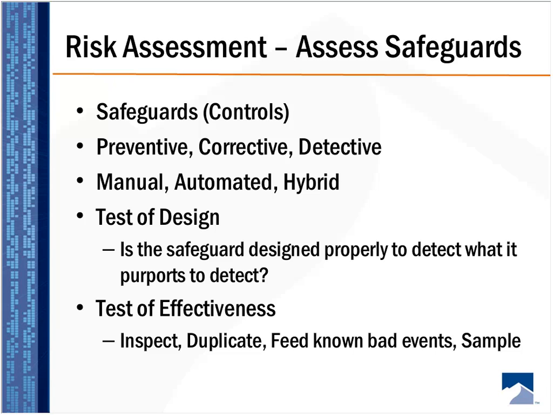If we have an access report, is it complete? Is it covering all of the access tables that need to be reviewed? If not, and it's only covering a couple, then that's a design flaw, and the report needs to be redesigned to include the proper scope. The effectiveness is done once we know that the control is designed properly.